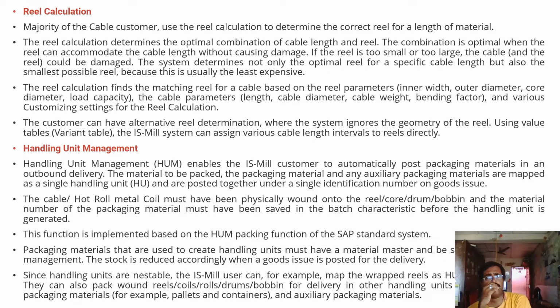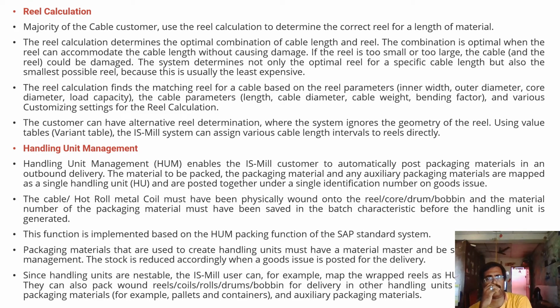The cable or hot roll metal coil must have been physically wound onto the reel, core, drum, or bobbin, and the material number of the packaging material must have been saved in the batch characteristics before the handling unit is generated. See, these are very important for the logistic consultant, especially WM, SD guys, and also for the production, PP guys. All these persons need to track these issues, and even transportation management or shipment delivery. For those guys also, it is important.